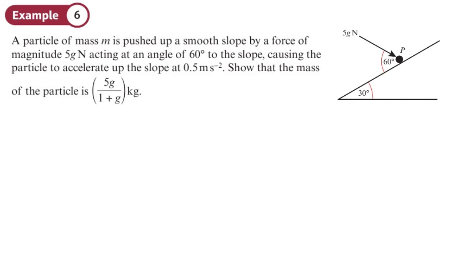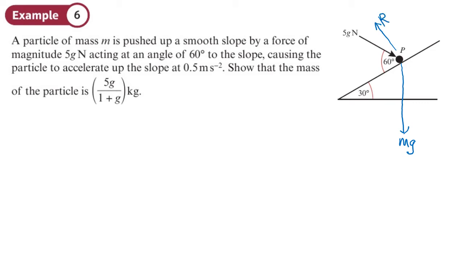Right, so the mass is m, so we have, going straight down, mg. What else do we have? Well, we have the normal reaction up here, which we may or may not need.